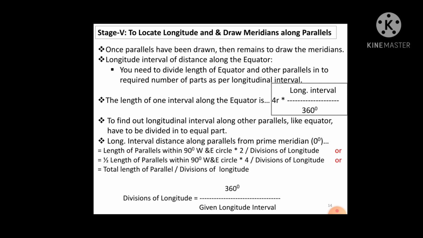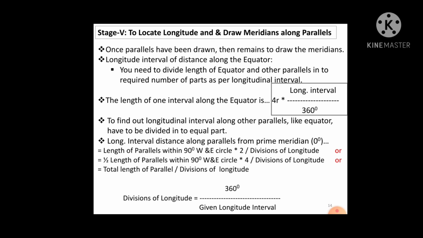As we divided that vertical line, the prime meridian, by the distances of the latitudes from the equator, in the same way we have to divide each parallel, not only the equator but each parallel including the equator, by respective distances which we have to calculate now. By that distance you have to divide the respective parallel to draw the meridians.